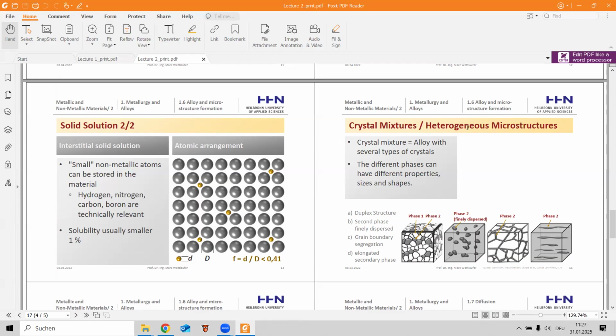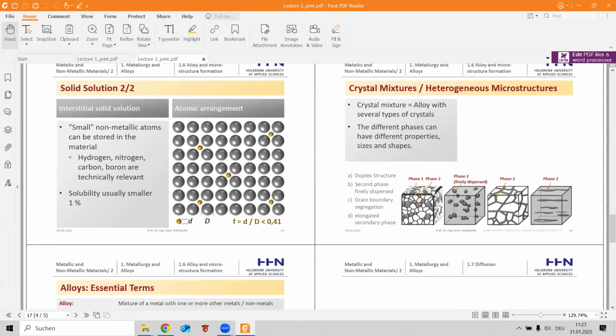Crystal mixtures, heterogeneous microstructure. A crystal mixture always consists of several types of crystals. The different phases can have different properties, sizes, and shapes. For instance, in the first case, a complex structure, we have a first phase and a second phase.